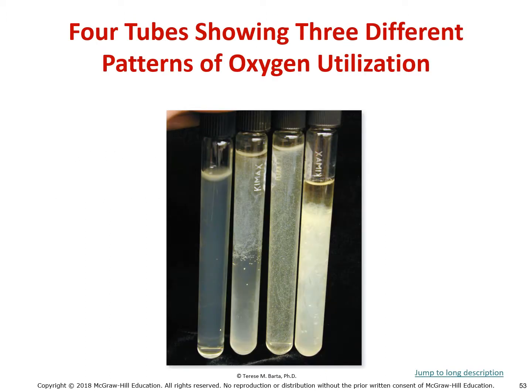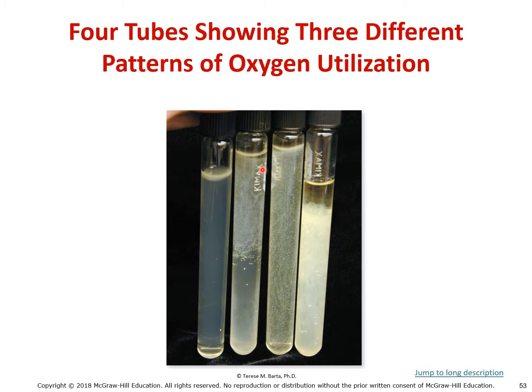So let's use these 4 tubes to illustrate what we just discussed. Notice in this first tube, we just have growth really at the top of the tube. This would illustrate an aerobe or an obligate aerobe. Notice in the second tube, we have growth really right here where oxygen is available, but not in high concentrations.